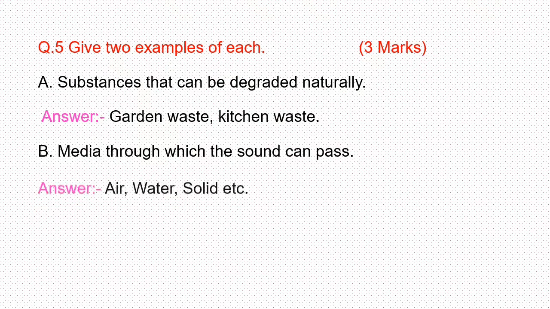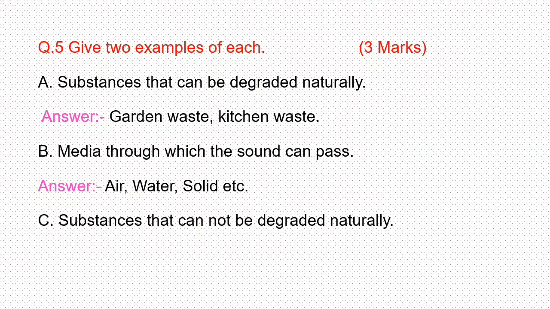And the answer is air, water, solid, etc. You have to just give 2 examples. Third is substances that cannot be degraded naturally. And the answer is plastic, thermocol. These cannot be degraded naturally.